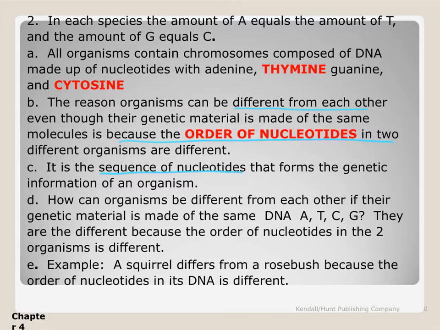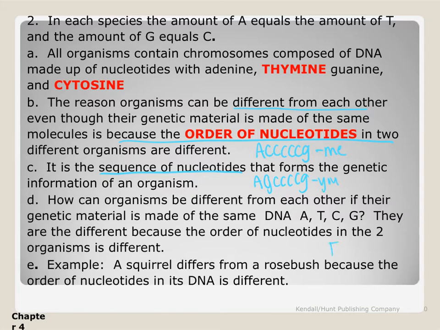Okay, so for example, I might be A, C, C, C, C, C, G. You might be A, G, C, C, C, C, G. Okay, so that might be the difference between us. The order or sequence of those nucleotides are going to be just a little bit different. Now, this is me. This is you.